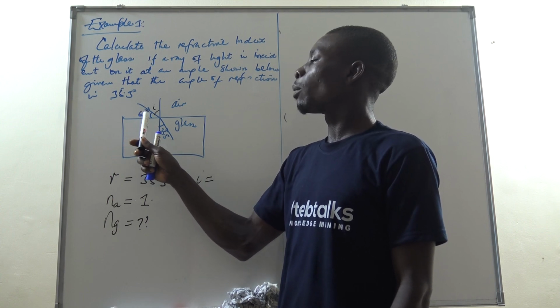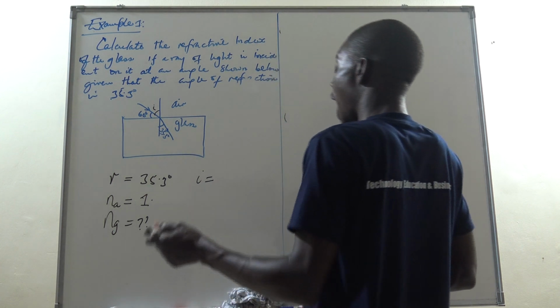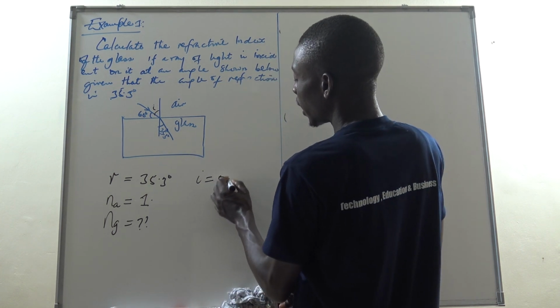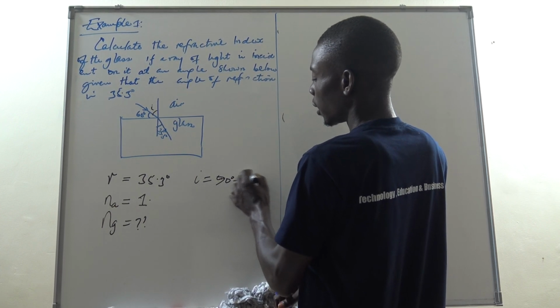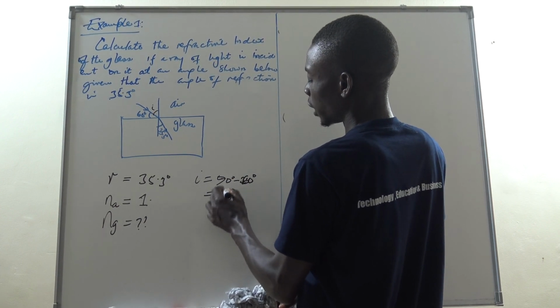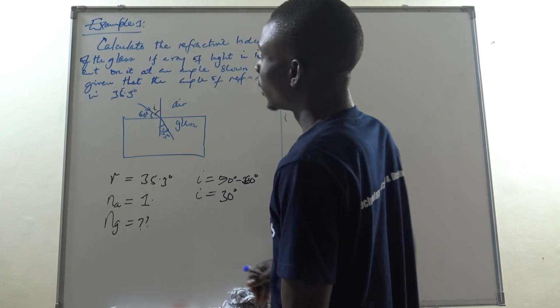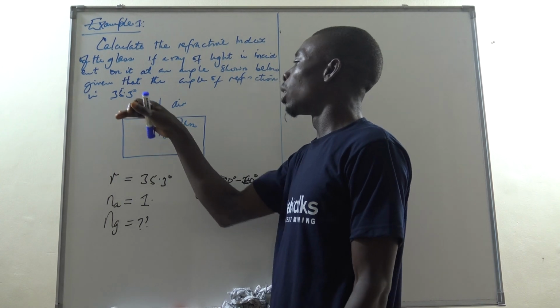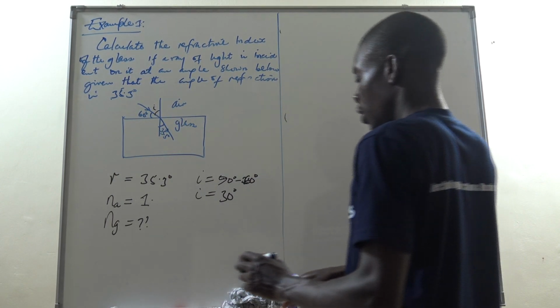And remember, we are supposed to use the angle of incidence in our calculation. So that means that your i should equal 90 minus 60, and that will give you 30 degrees. So the angle you should use should be 30, not the 60. So don't make a mistake and call angle i 60. You'll go wrong.